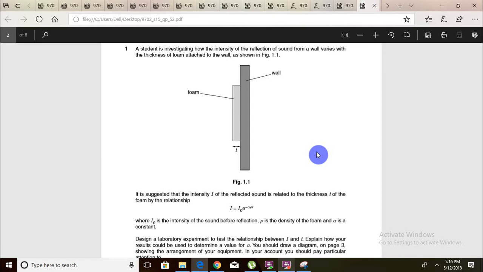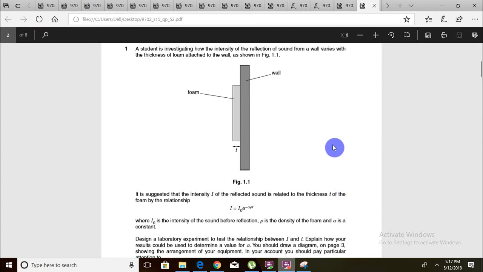It is suggested that the intensity of the reflected sound is related to the thickness of the foam by the relationship I equals I naught e to the power minus alpha P T, where I naught is the intensity of the sound before reflection, P is the density of the foam, and alpha is a constant.